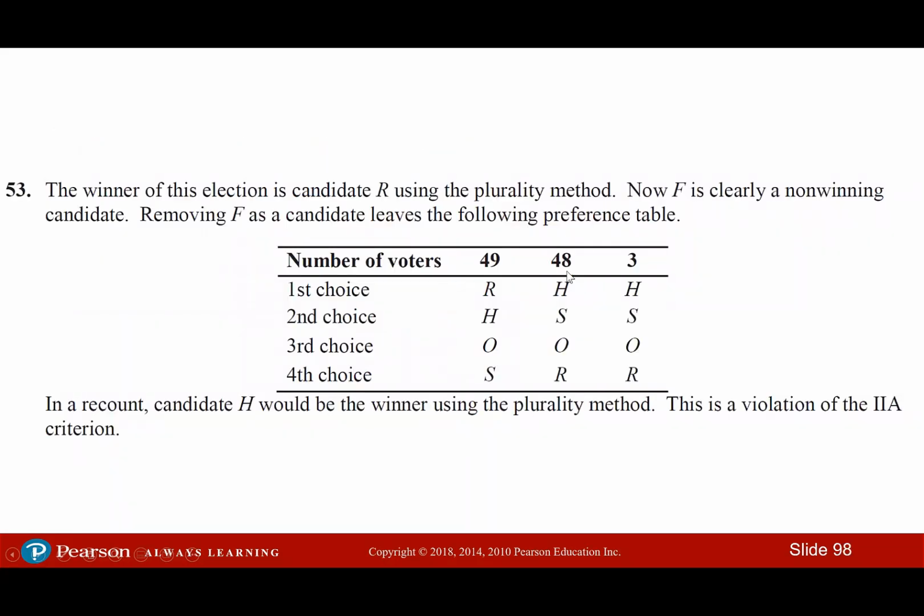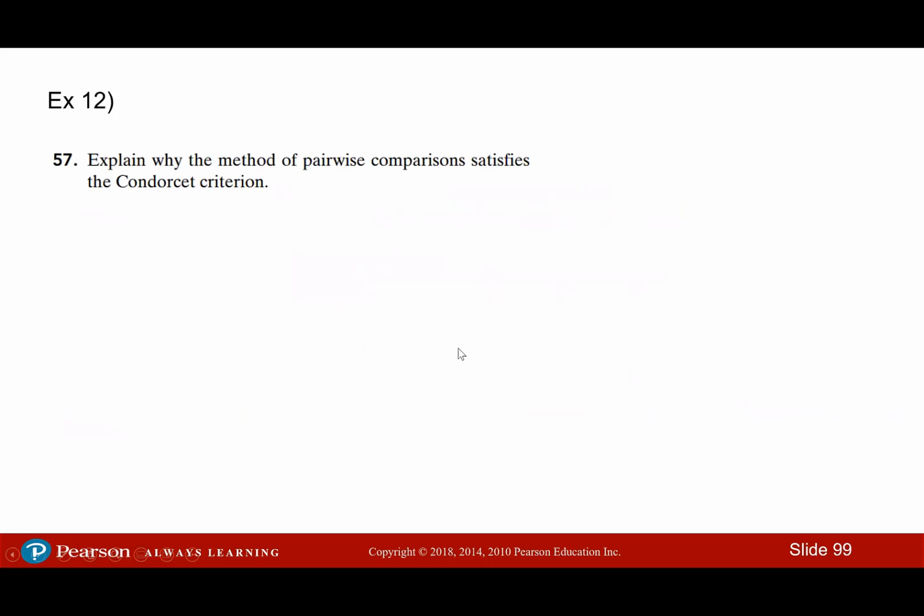So now H actually has the majority. Now it has 51. They got 51% of the vote, or 51 votes. And now R has 49. So that is done. It just means this: the last criterion says if I eliminate a candidate, it's not going to produce a different winner. In this case, the independence of irrelevant alternatives criterion got violated.